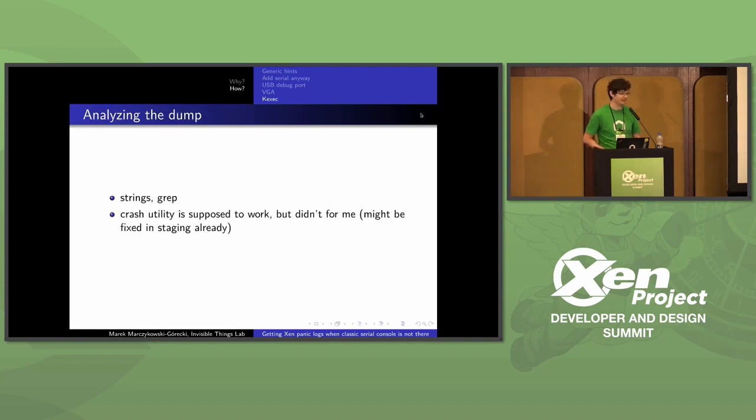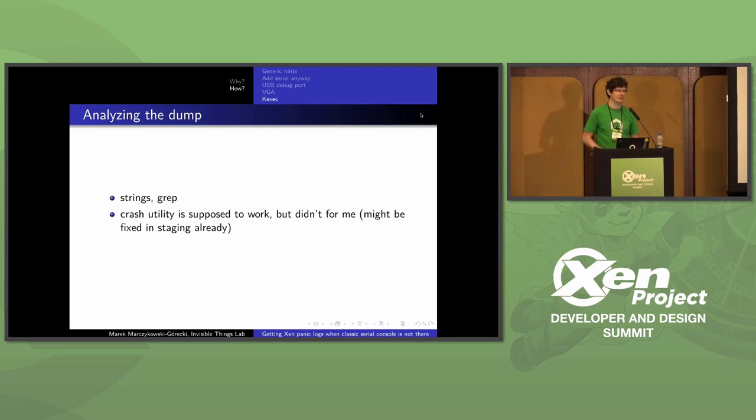The thing I found working, it's very ugly, but it works, is strings and grep. If you have a dump of, I don't know, 32 gigabytes of memory, then you run strings on that. It takes some time, and then you grep for your panic message. I recommend grep -C with some large number to get context.